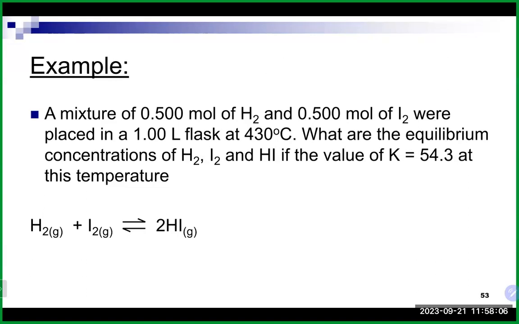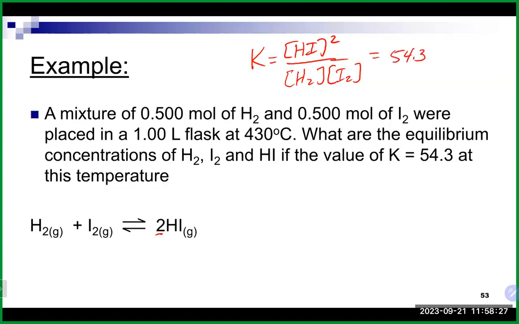Okay, so here we're obviously dealing with equilibrium. So let us start with our equilibrium expression, which would be our HI. Once again, we do need to square it because of the coefficient that we see. That will be divided by our reactants, which would be H2 and our I2 in this case, and that's going to equal 54.3. We obviously need the concentrations here of everybody.